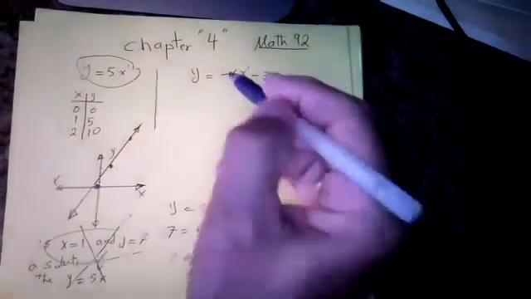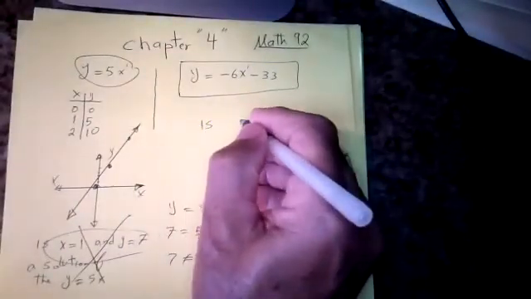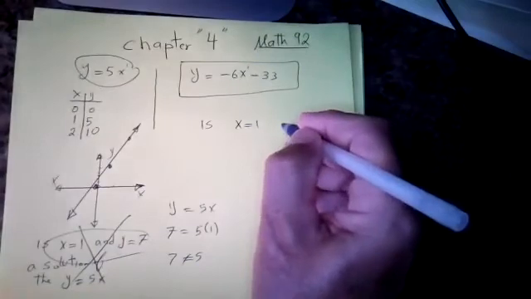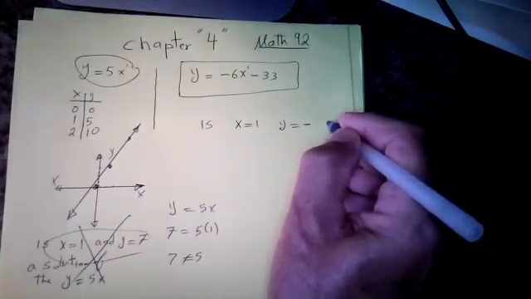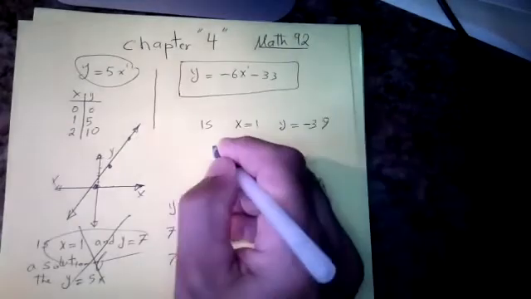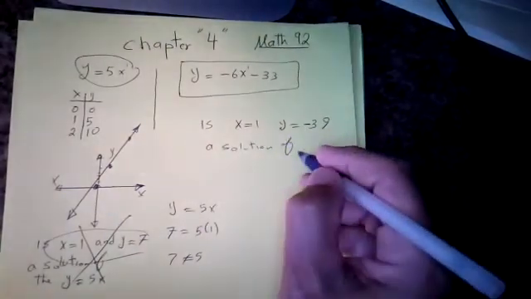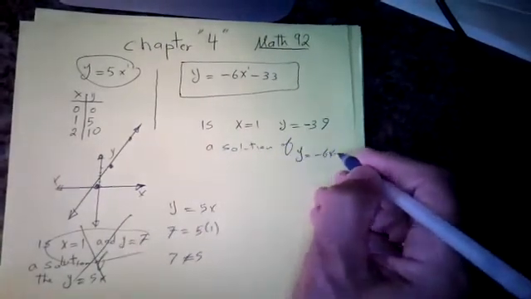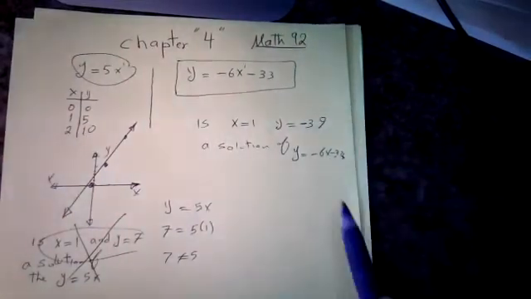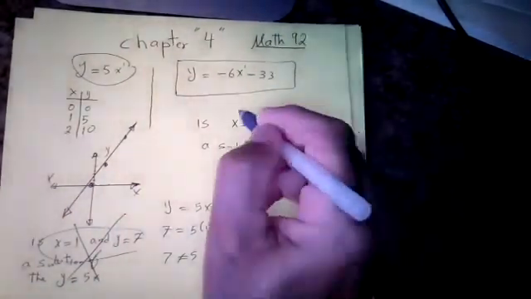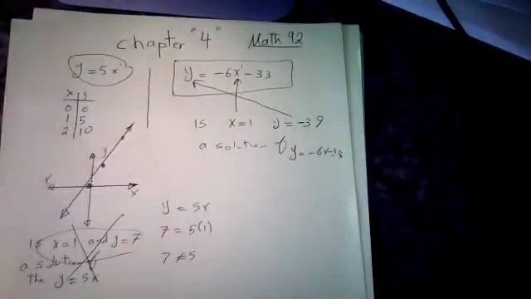So let's say in these equations, is x equal 1, y equal minus 39 a solution of these equations? What you do is take this x 1 and y minus 39 and substitute here.